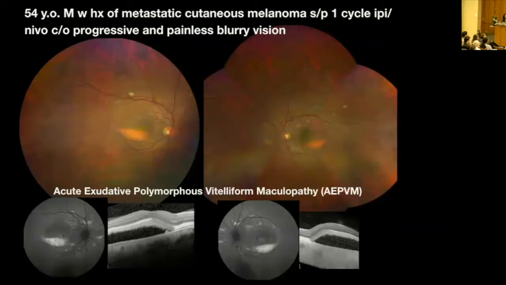So you see one central large pocket of fluid and multiple satellite pockets of fluid. This patient was diagnosed with acute exudative polymorphous vitelliform maculopathy. And the subretinal fluid was confirmed on optical coherence tomography.